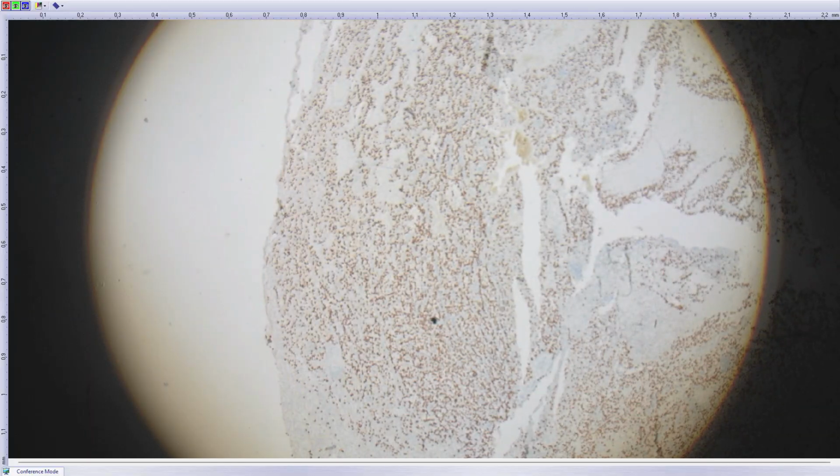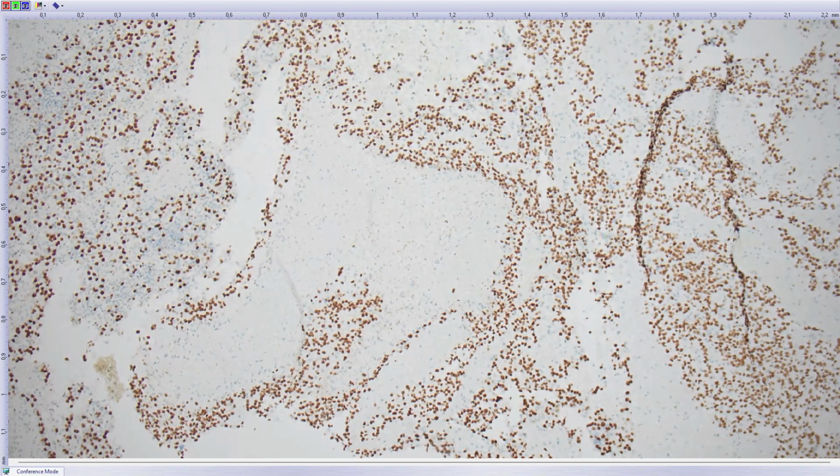I'm not able to find it fast, but I made one more stain, and this was TFE3 staining. You can see diffuse, beautiful nuclear positivity. So now we have the diagnosis. The diagnosis is PEComa, probably TFE3 altered. The differential diagnosis is between TFE3 altered renal cell carcinoma and PEComa.